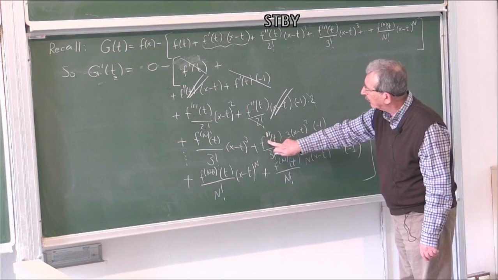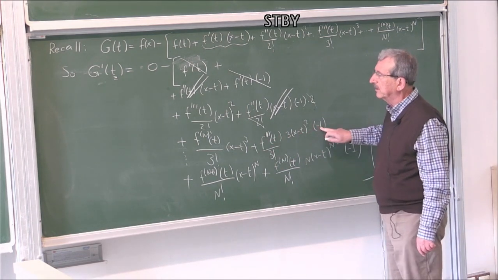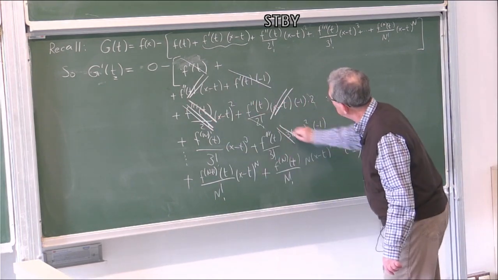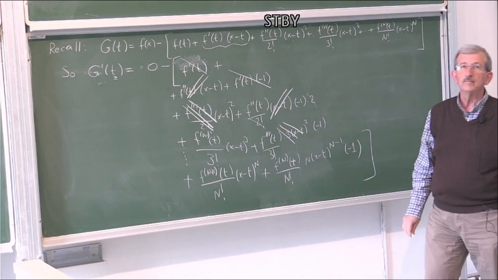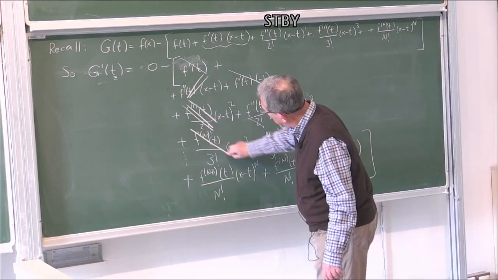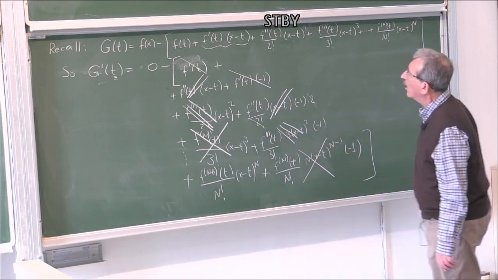Here, you have the third derivative, you have (x minus t) squared, but with a minus sign. So this one cancels with this one. Similarly, this one cancels with this. What is left?